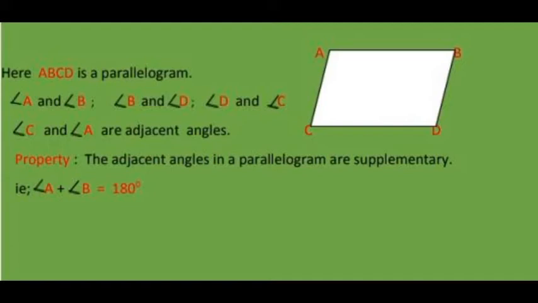That is, angle A plus angle B is equal to 180 degrees. Similarly, angle B plus angle D is equal to 180 degrees. Angle D plus angle C is equal to 180 degrees. And angle C plus angle A is equal to 180 degrees. So the property is all pairs of adjacent angles in a parallelogram are supplementary.